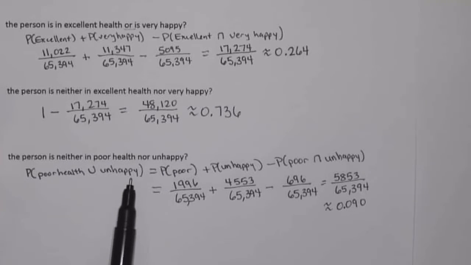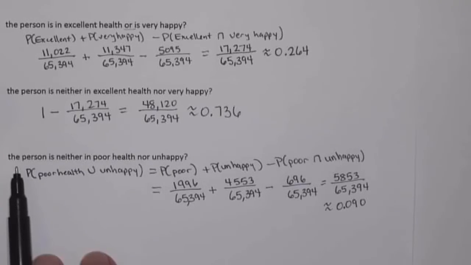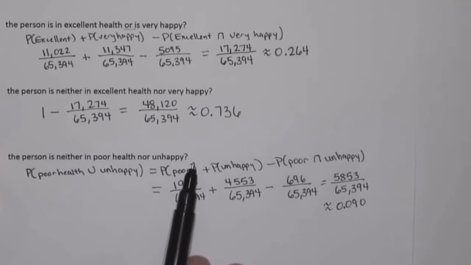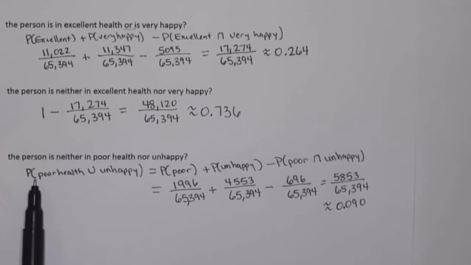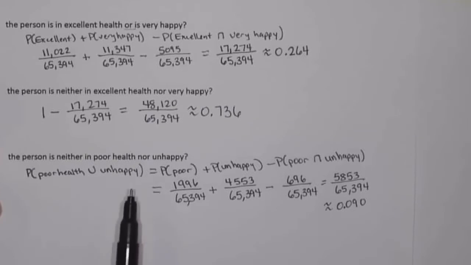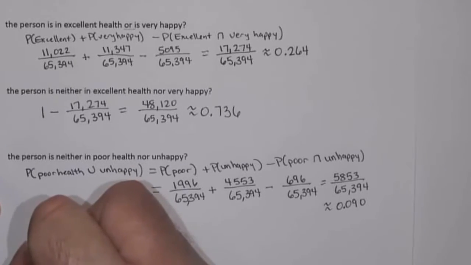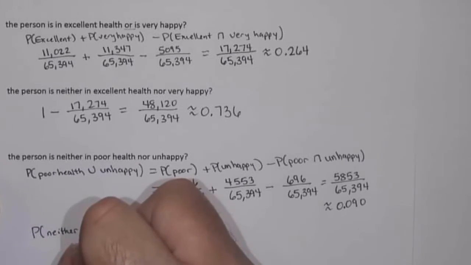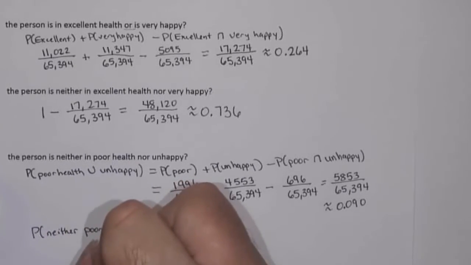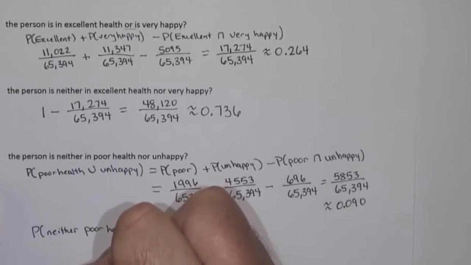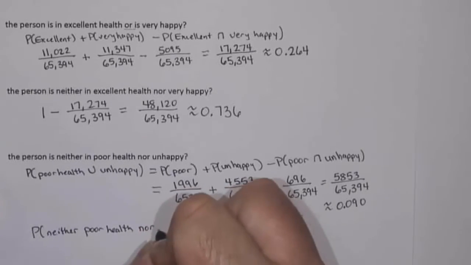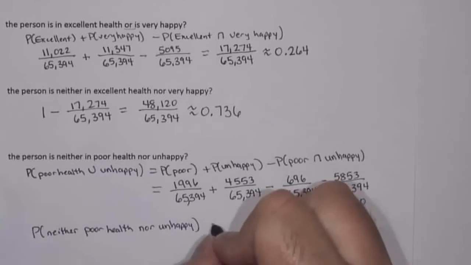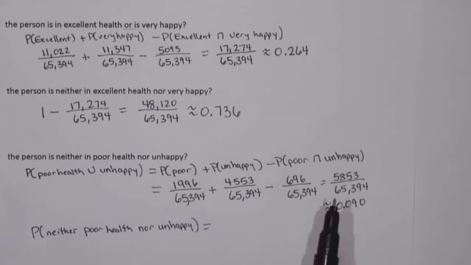That's not the answer to our question. Our question is, what's the probability the person is neither in poor health nor unhappy? So we have the complement of what we just found. So the probability of being neither in poor health nor unhappy is going to be 1 minus this.